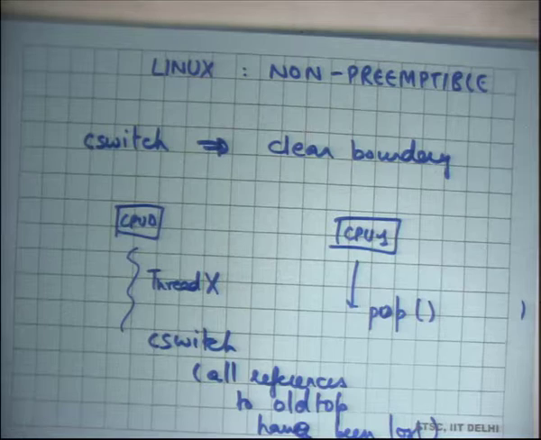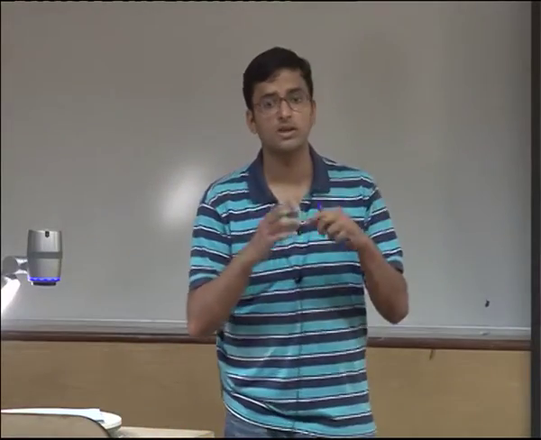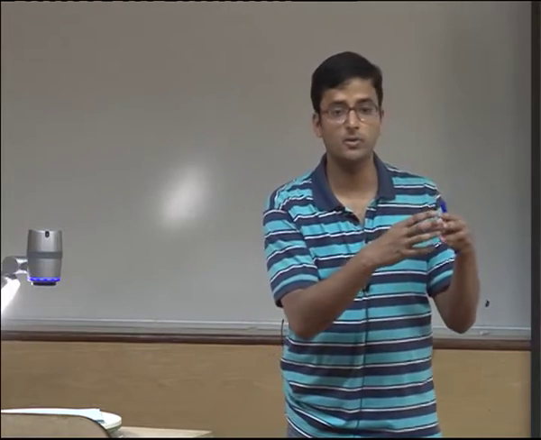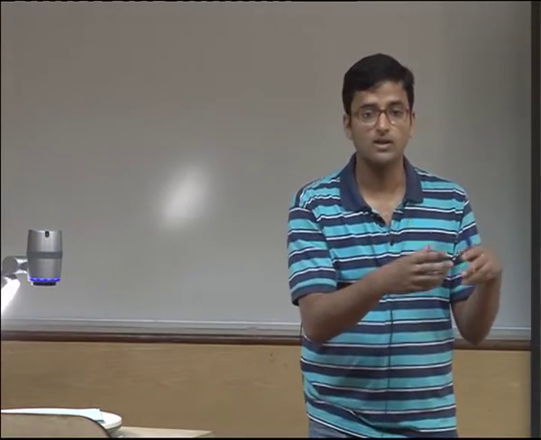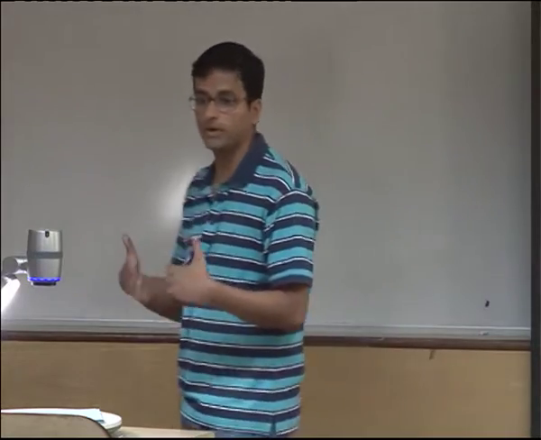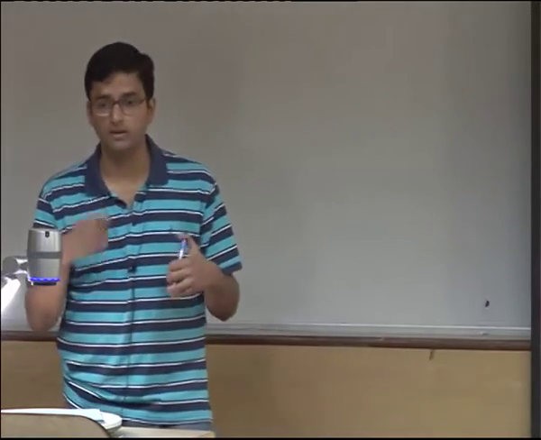Let me tell you a few examples where it's actually very useful in the Linux kernel. Firstly, notice that in this RCU approach, I use some property of the software. In this case, I use the property of the Linux kernel that it's non-preemptable. So I need to know this kind of information to be able to implement this.